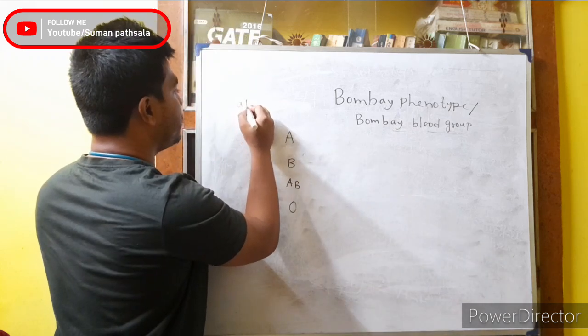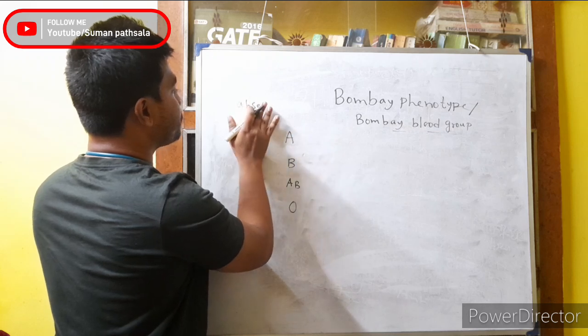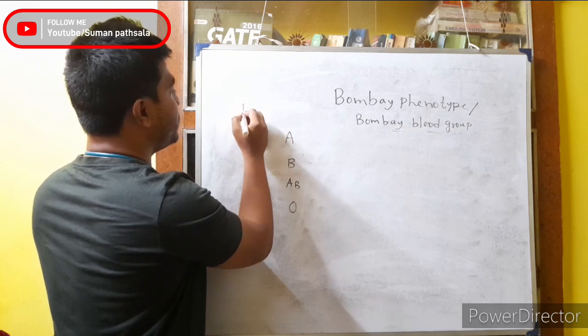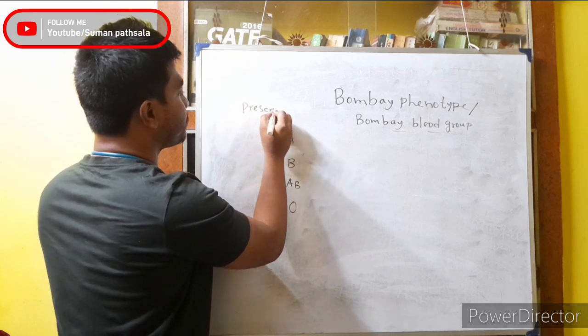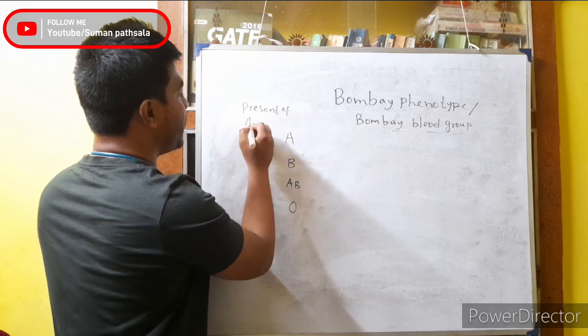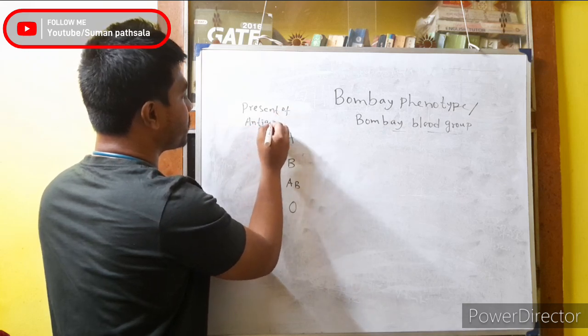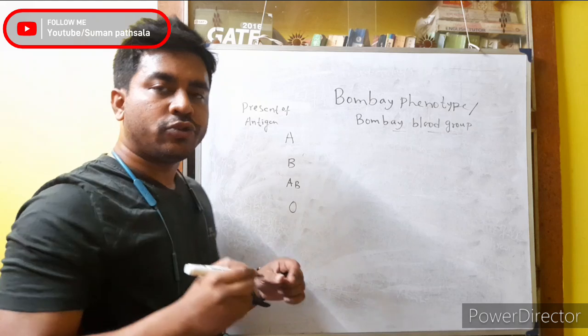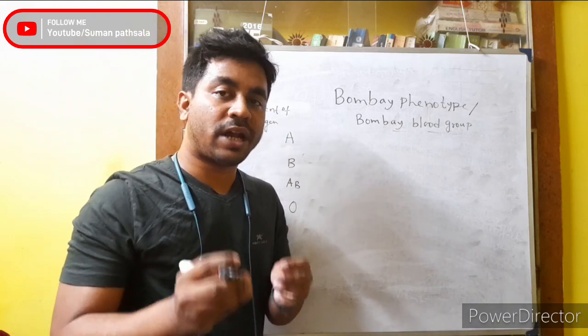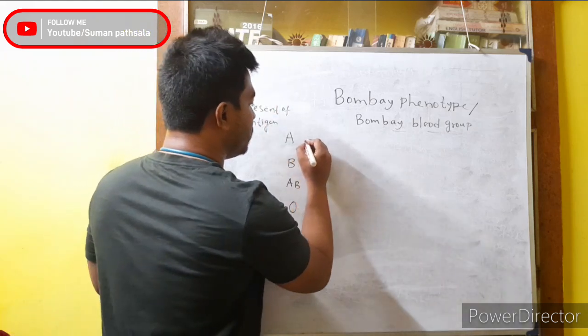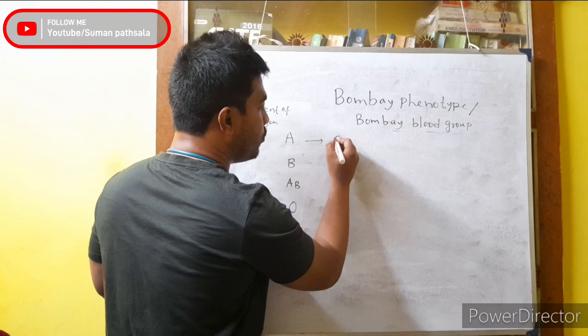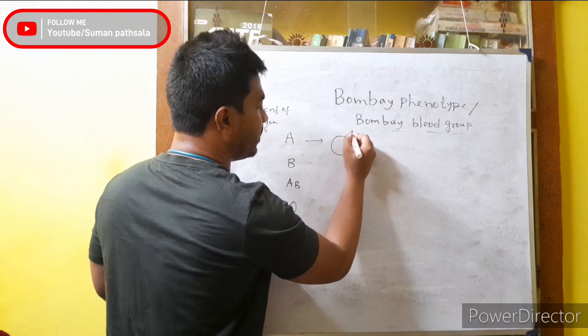So if you have the blood group A, how do we represent it? We represent it like that.